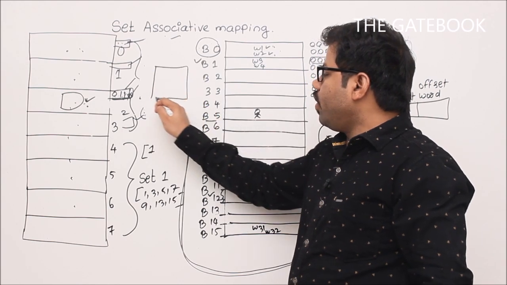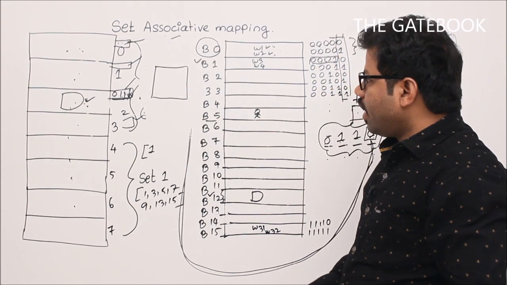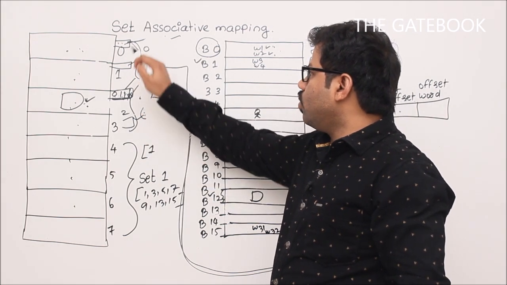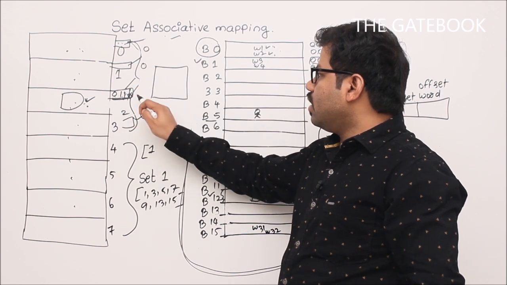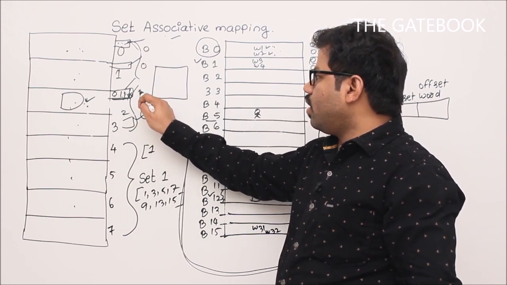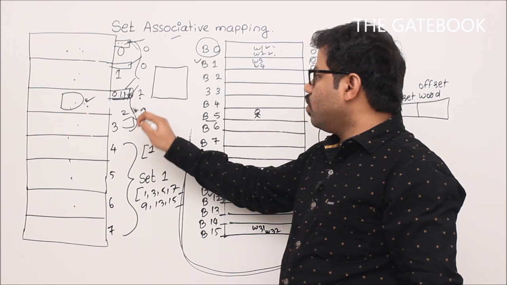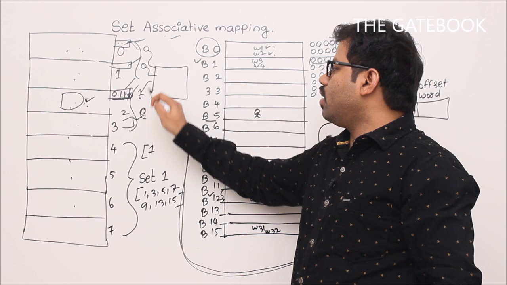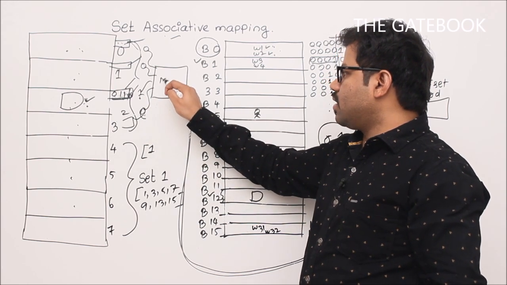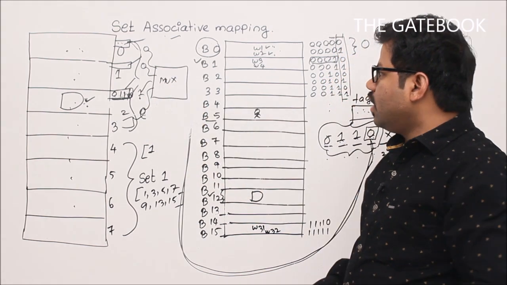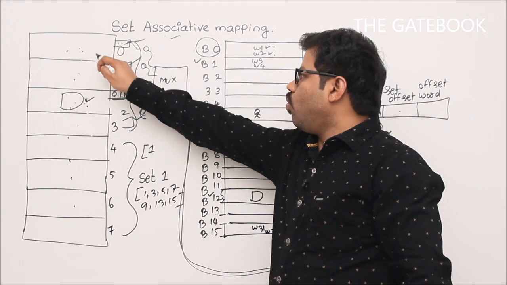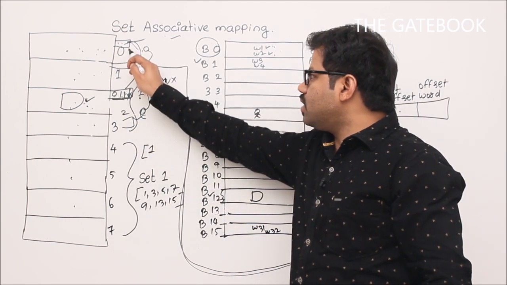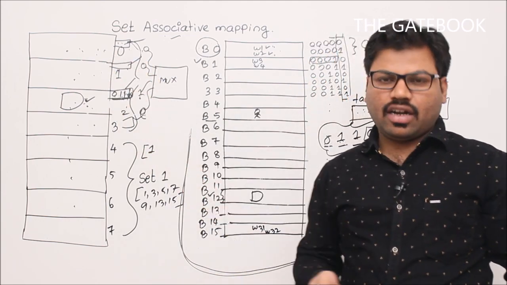Take the tag results: let's say this tag result is 0, this tag result is 0, this tag result is 1, and this other tag result is 0. We connect these results 0 0 1 0 to this multiplexer. Then the multiplexer is going to select one of the blocks among these 4 blocks based on these 4 results. We can plan it, not a problem.